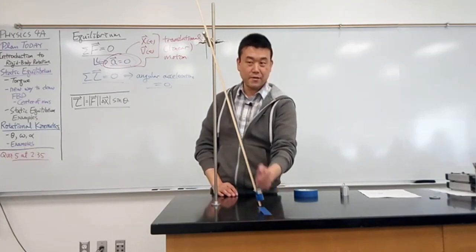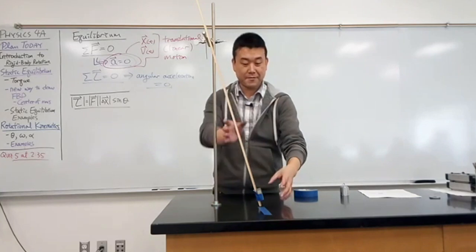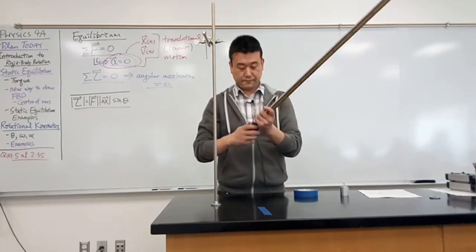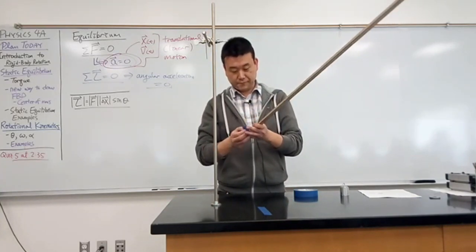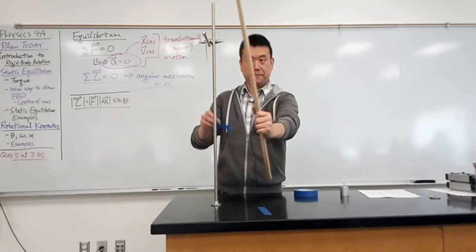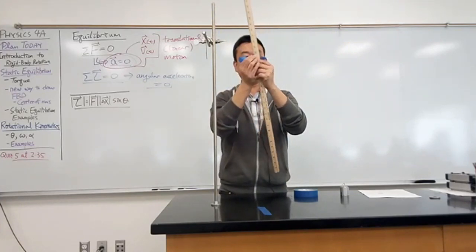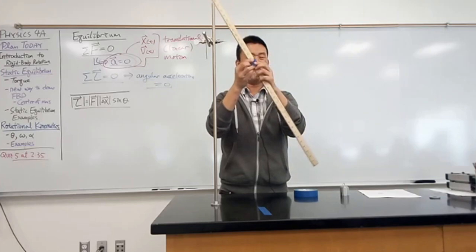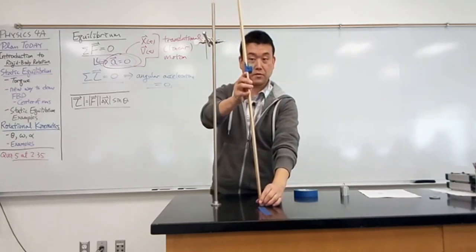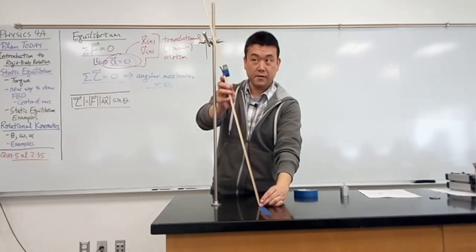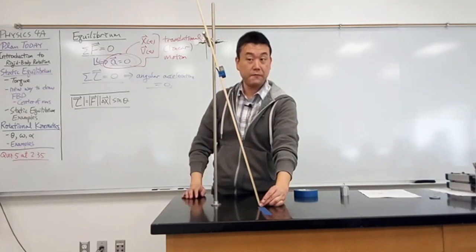Let's try it. So I'm going to move this up maybe here and see what happens. Up somewhere, all right, here. I haven't actually tried this exact position, but I'm pretty sure it'll work the way I think. Okay, so you are at the top of the ladder. The ladder is in the same position it was in before.